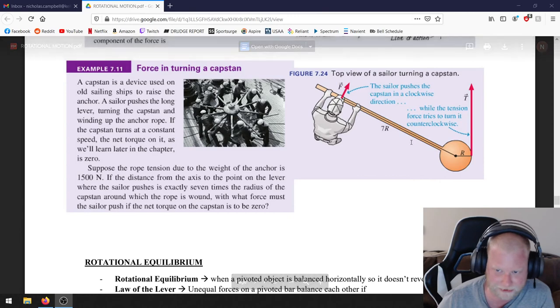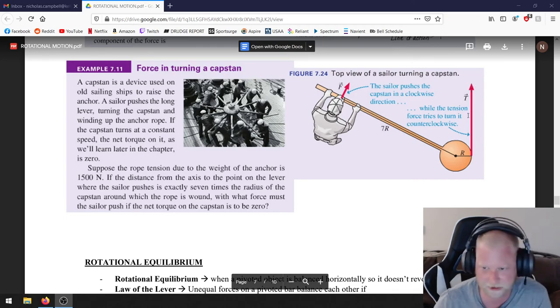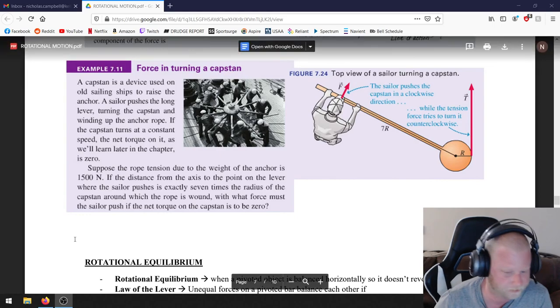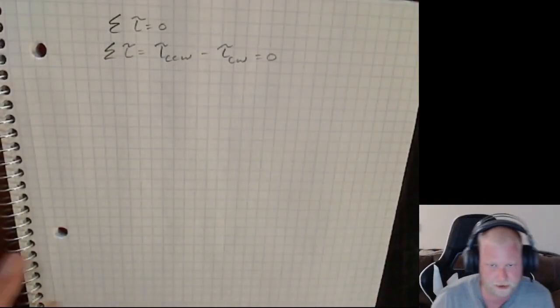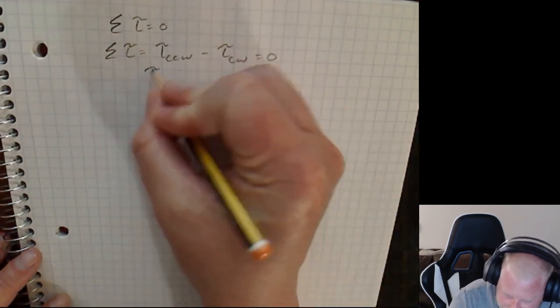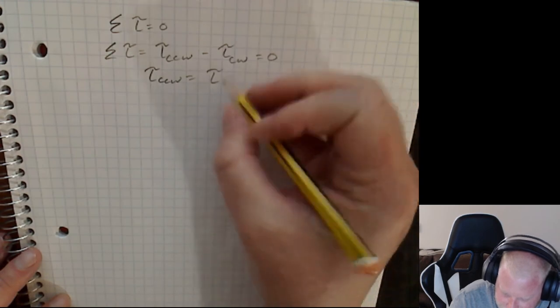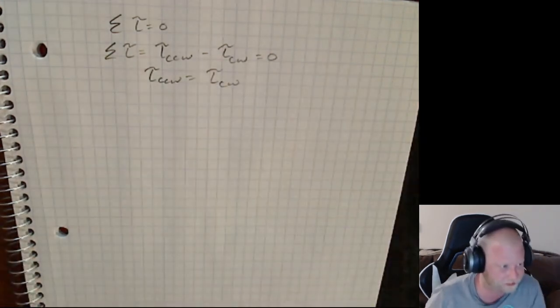So he's going to be negative. And the tension force, the force due to the weight of the anchor itself, would be counterclockwise, that would be the positive torque. So if we go through this equation, your net counterclockwise torque is equal to your net clockwise torque.